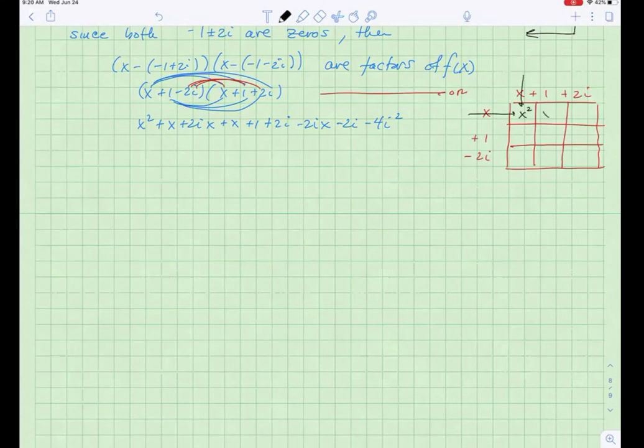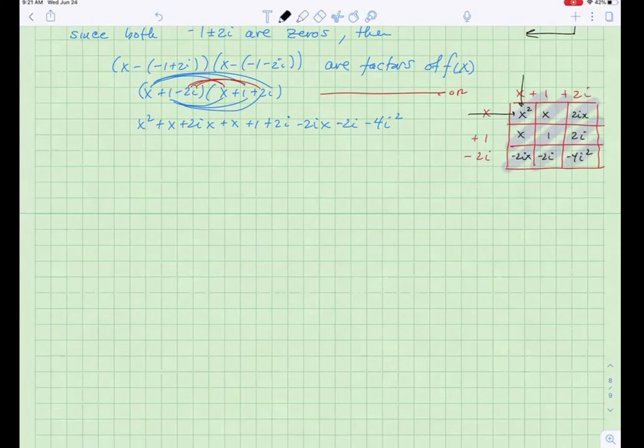The second one is x times 1, then 2ix, x, 1, 2i, negative 2ix, negative 2i, and negative 4i squared. That way, you don't accidentally miss a combination. We should have a total of 9 terms, and we do.